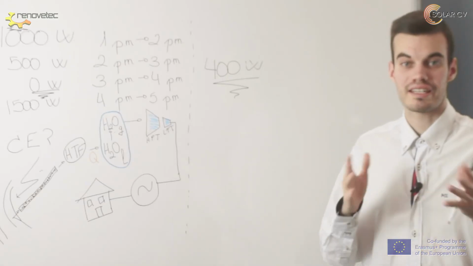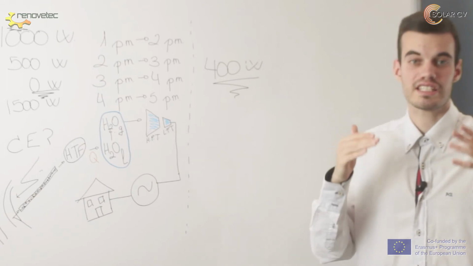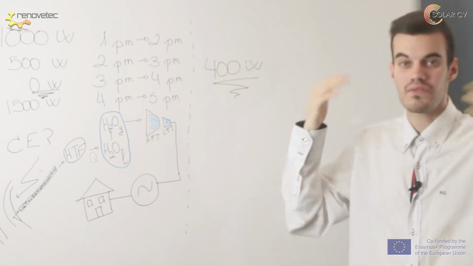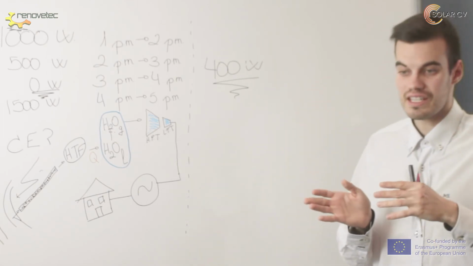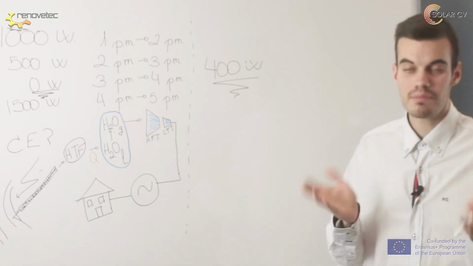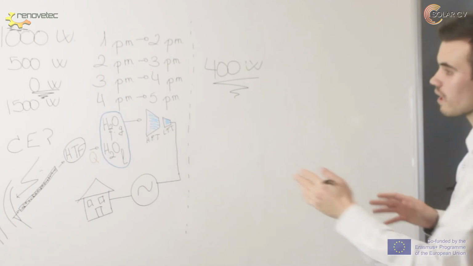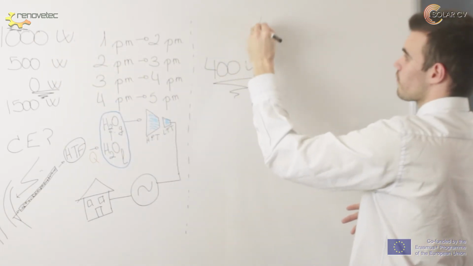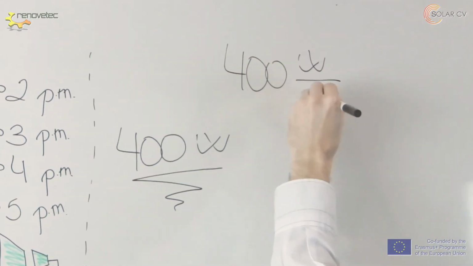So we must understand now the difference between energy and power. Power is the instantaneous energy. So we are receiving energy from the space for a second, for example. However, energy is the sum of the power for a given period. For example, we have an irradiation of 400 watts per square meter.